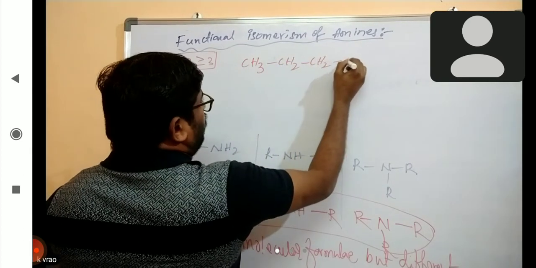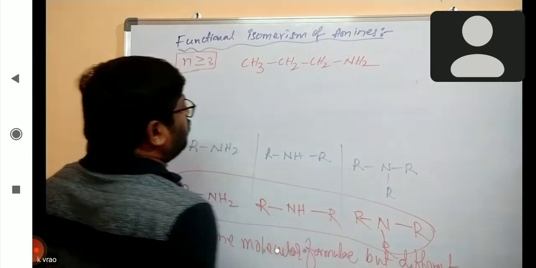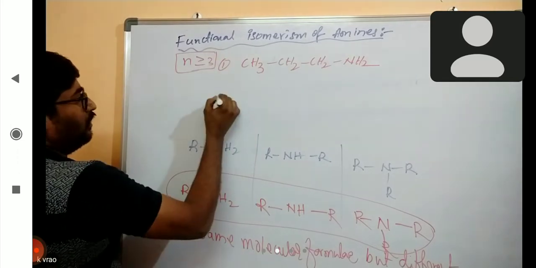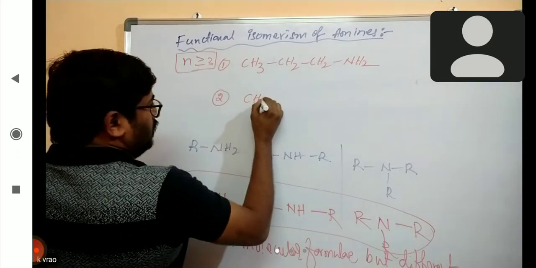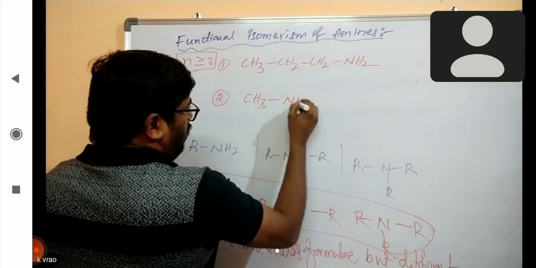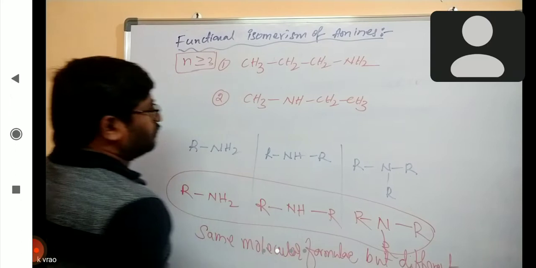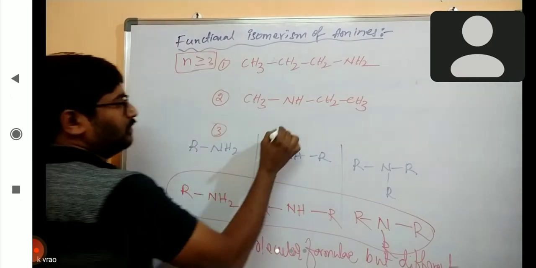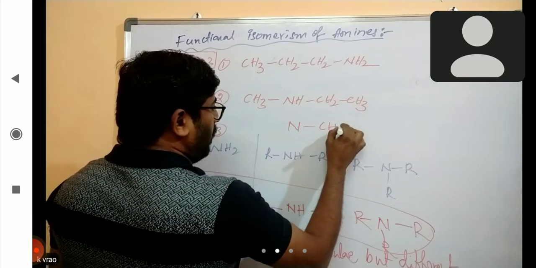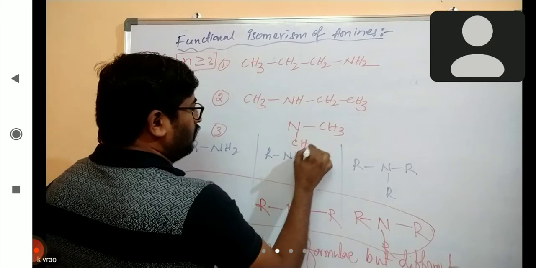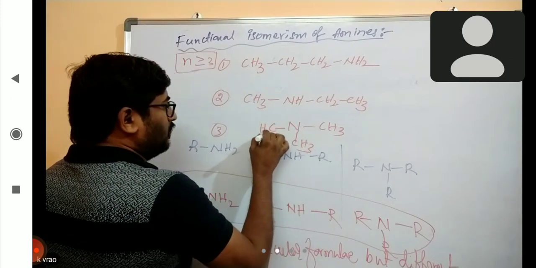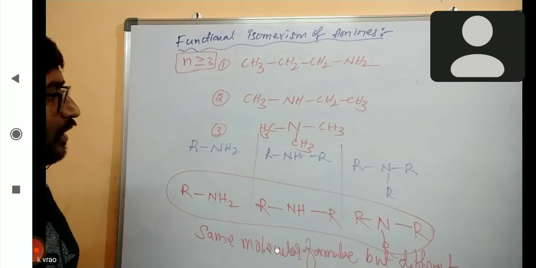This is the primary amine, structure number 1. Structure number 2 is CH3NHCH2CH3. This is the secondary amine, and the third one is N(CH3)3. This is the tertiary amine.